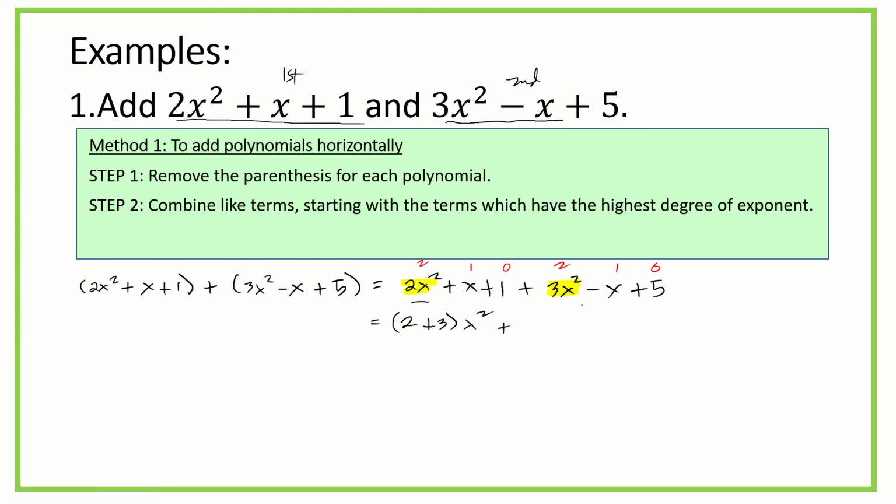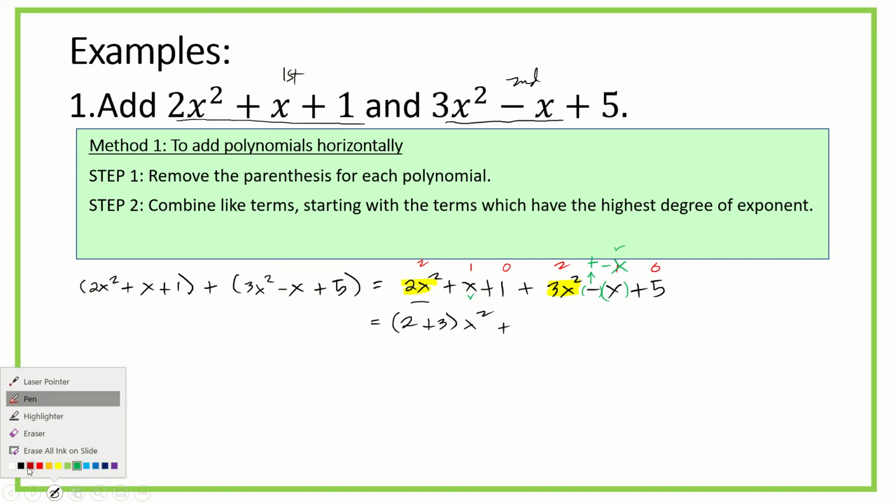So I will do a marking so that you will not be confused. So this one becomes a plus, but the x here becomes a negative x. So they are like terms because they have the same literal coefficient x.